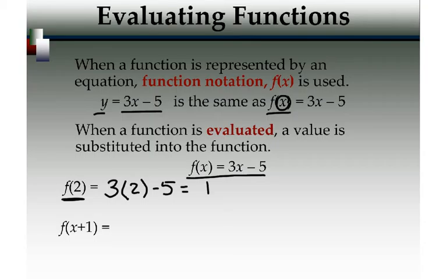Now we can do the same thing even with variables inside our parentheses here. We're going to evaluate the function at x plus 1. So our answer is just going to be another function that has x plus 1 within it. Wherever you see x in our function, we're going to replace it with x plus 1 and then simplify it.